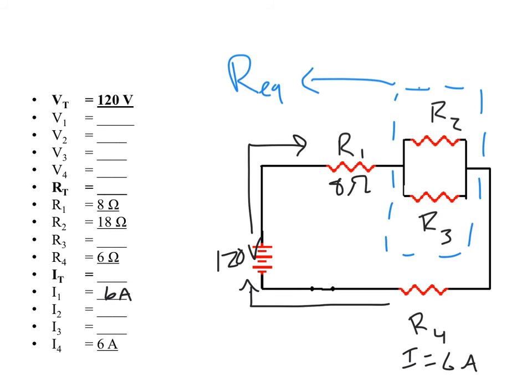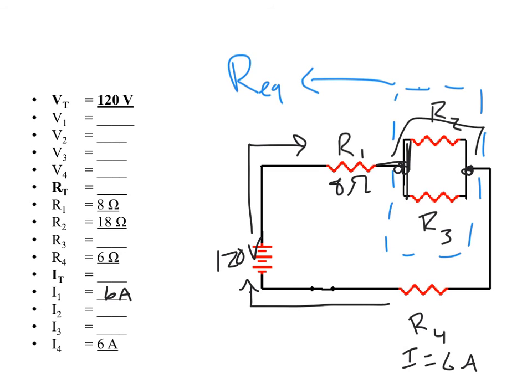All right. Now, does that mean I2 and I3 are both 6 amps also? No. But since it splits right here, all right, the current splits, I know that the sum of the current through 2 and the current through 3 has to equal 6. Because I only have 6 amps going in to this junction, and so I have to have 6 amps coming out.